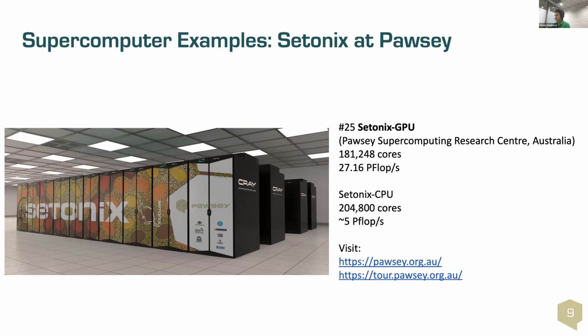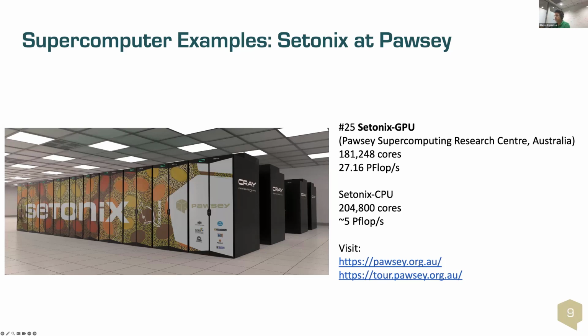So this is Setonix. It is a really good thing for us in Australia to have this kind of supercomputer. It's really a world-class supercomputer. Another thing to mention is that this supercomputer is an HPE Cray. You can see there, Cray Hewlett Packard.